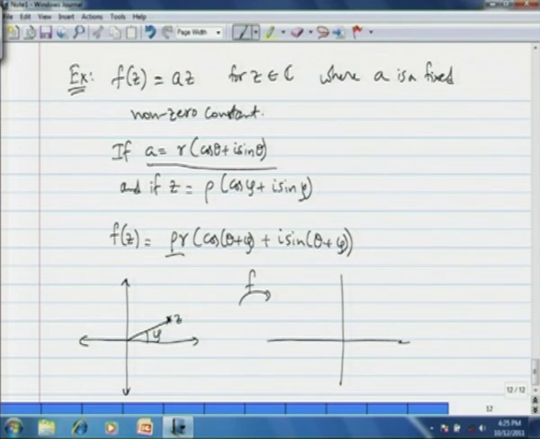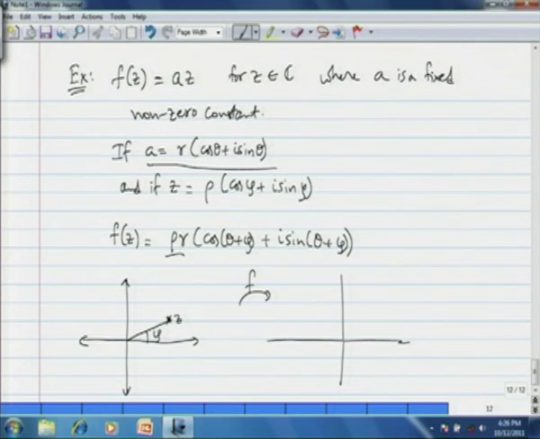So, it is an argument. Let us pretend that phi is the angle of opening with the positive x axis. Then a times z is going to be a complex number whose modulus is rho times r.